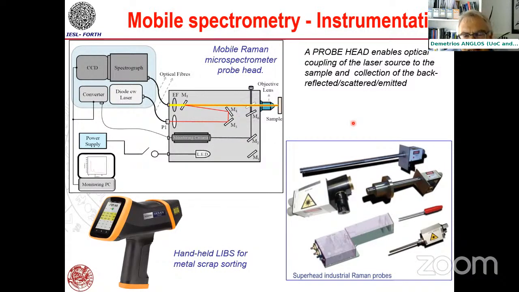The backscatter light can be simply reflected, can be inelastically scattered, for example, giving rise to Raman signals or fluorescence emission.